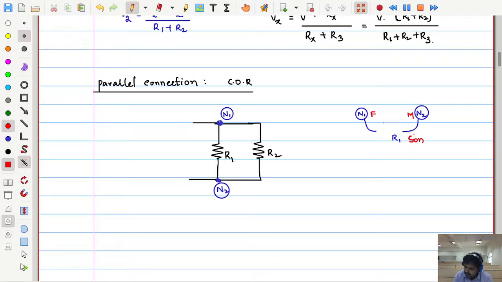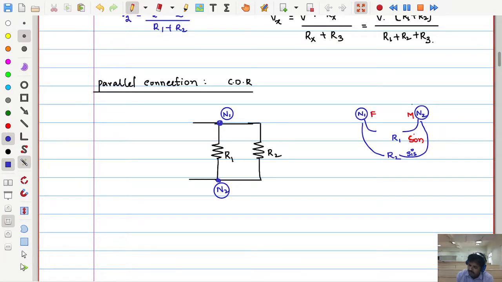Now, if these parents have one more child, which is R2, they must have the same mother and the same father. Then only we can say these two are brother and sister. So let us say this might be the sister. Now see that the son and sister both have the same parents.